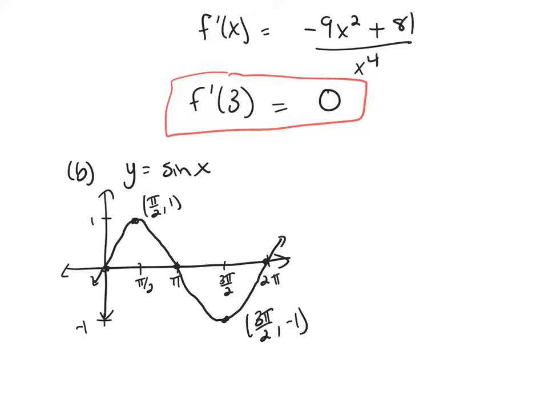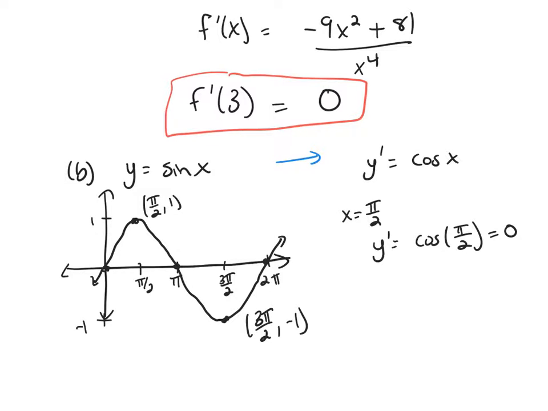So I'm going to take my function and find the derivative, y prime. The derivative of sine is cosine. And then we're going to plug in. When x equals pi over 2, what's our derivative going to be? Cosine of pi over 2, that's 0.